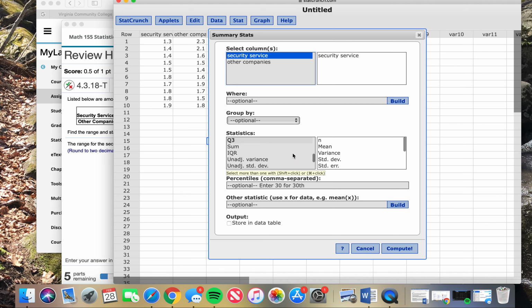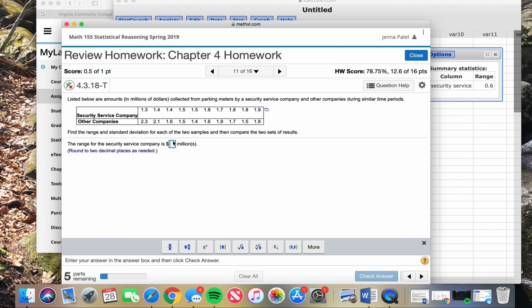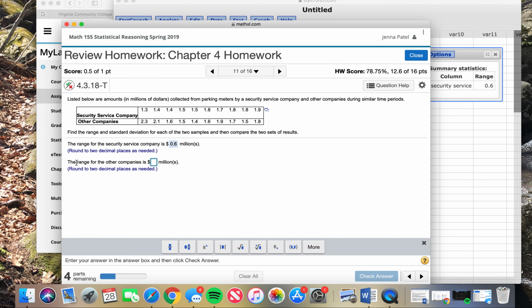So here we are, we're going to look for the range, and then we're going to hit compute. And our answer is 0.6. So let's see if that's right. Yes.